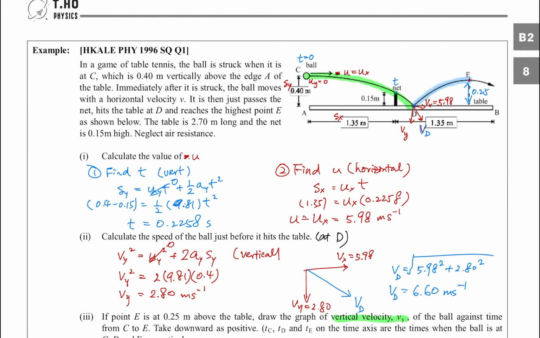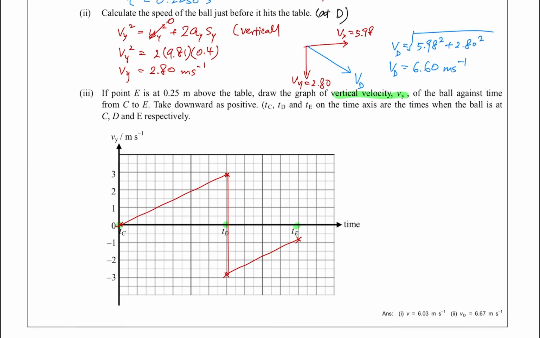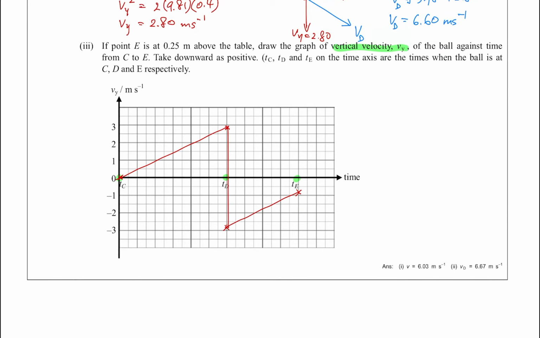And by the way, point E is the highest point, as you can see, so the vertical velocity will be 0. So we can join the graph too.